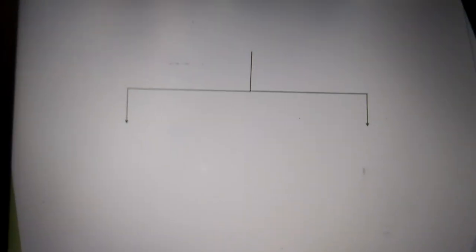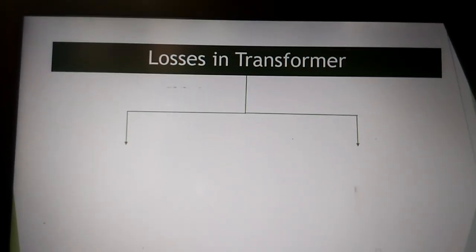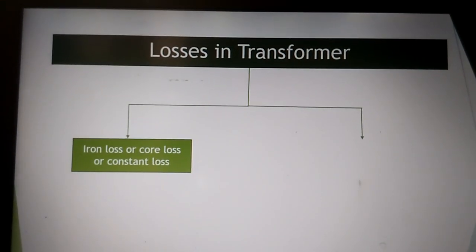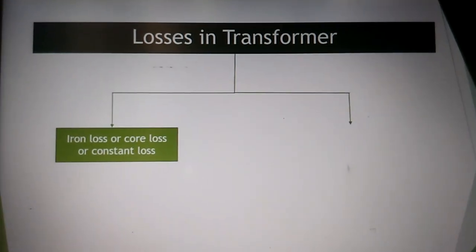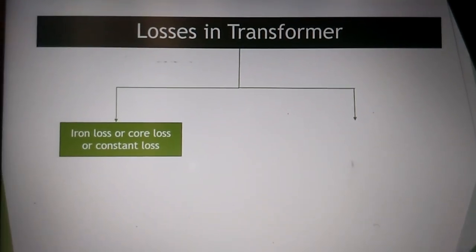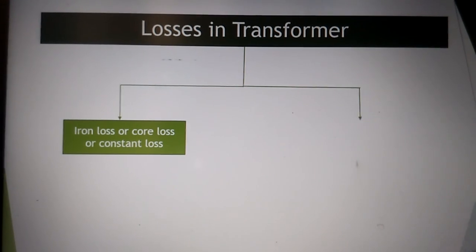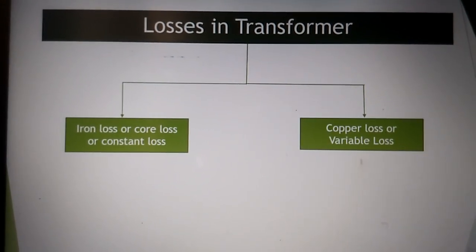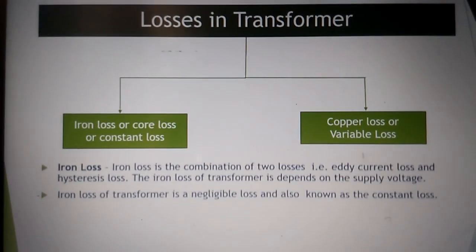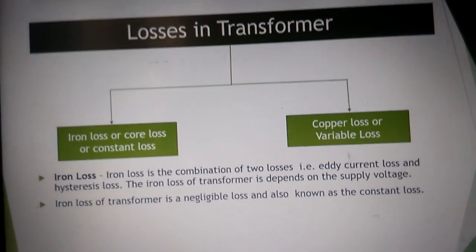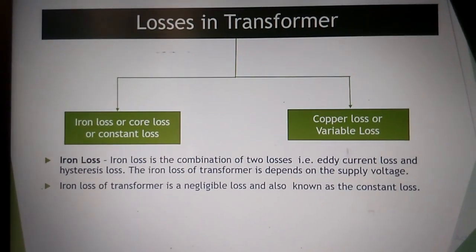Okay, next topic आता है losses in the transformer. तो losses, there are two types of losses. As transformer is a static device, it has two types of losses. First is the iron loss or core loss or constant loss. Second is the copper loss or variable loss. Iron loss is the combination of two other losses, that is the eddy current loss and hysteresis loss.